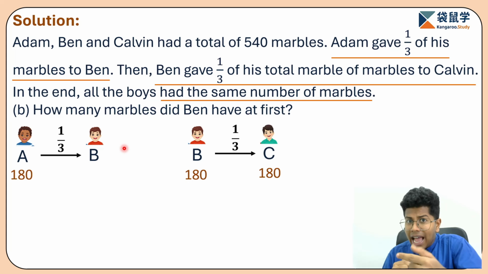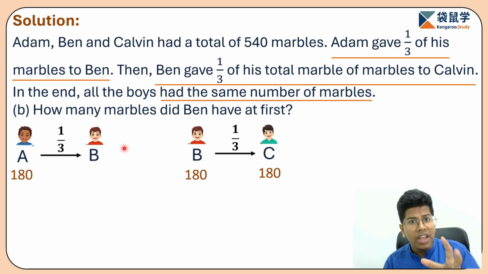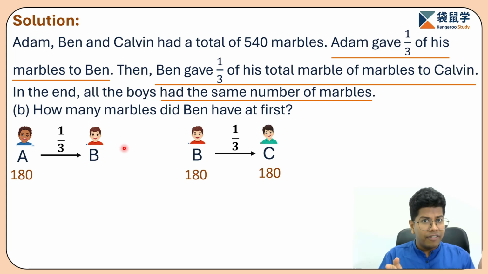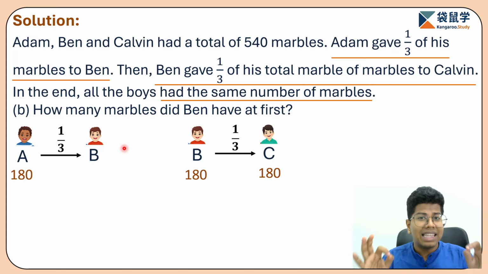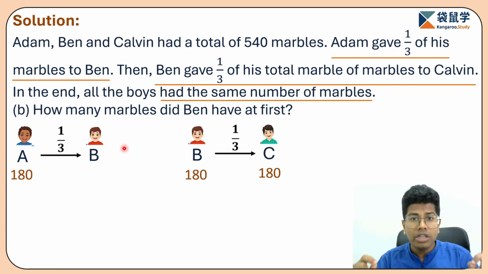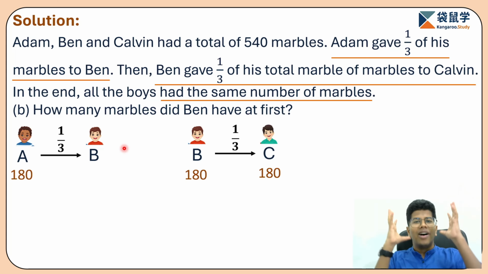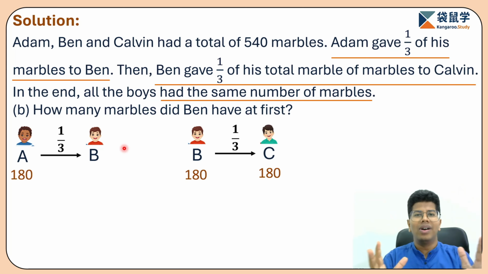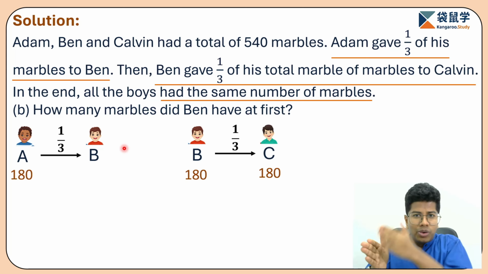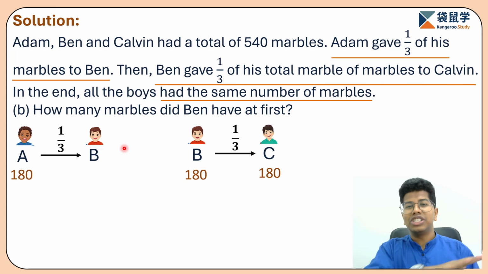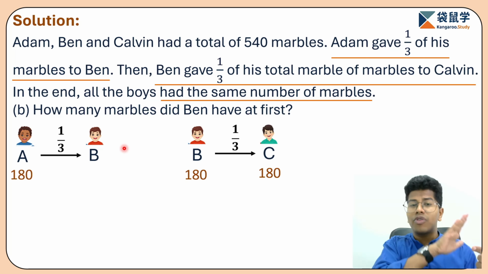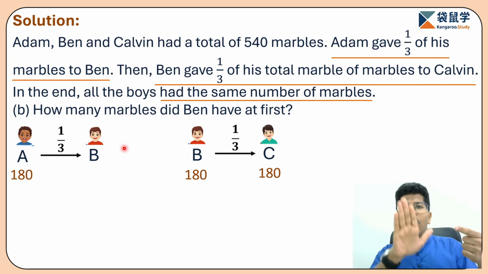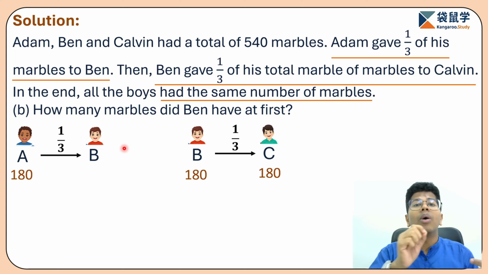Whenever a process is given and you know the value of the final result, we can use this approach which is called working backwards. Working backwards means you know the process and the final change.